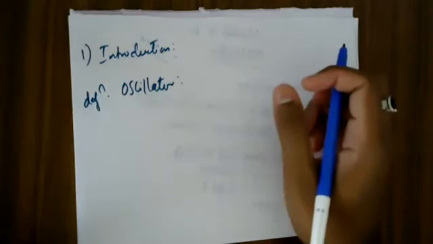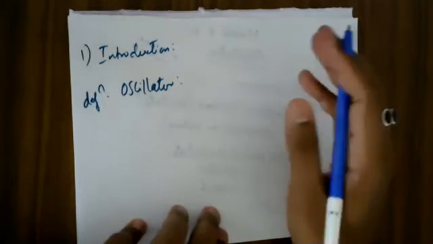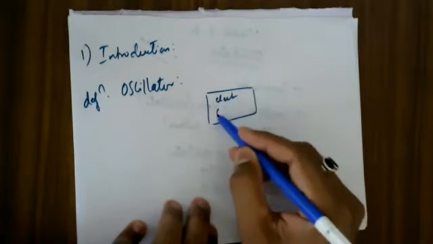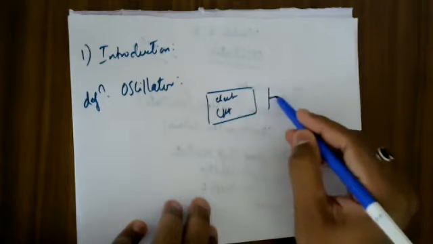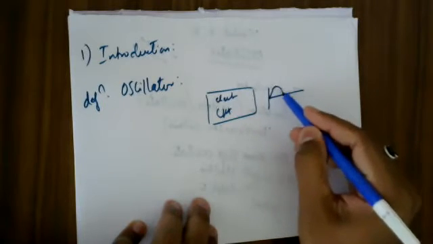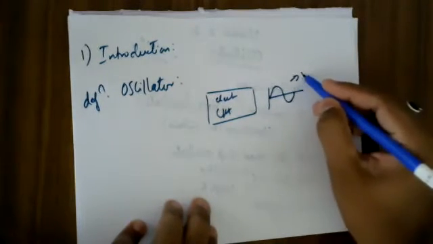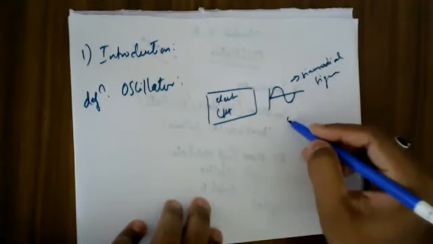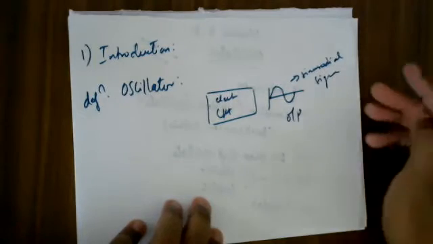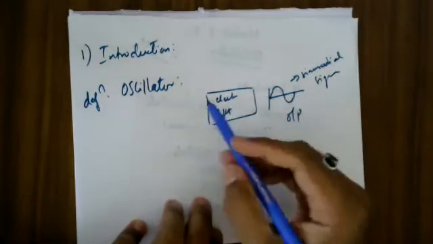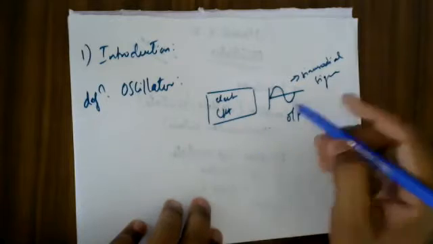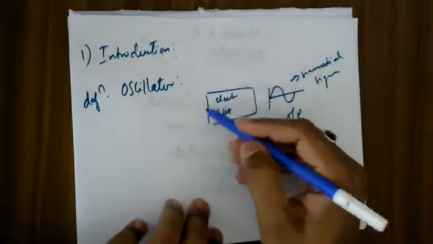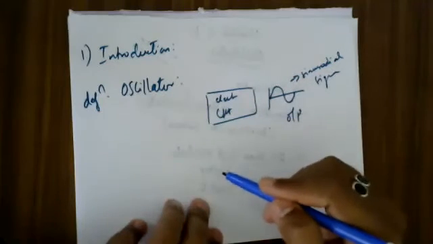This is a special feature of this circuit, because you might have seen some electronic circuits wherein you are able to get some signals, more specifically sinusoidal signals, as your output. But the special feature of this oscillator circuit is that there is no input to it. So it is able to produce an output signal without any input.